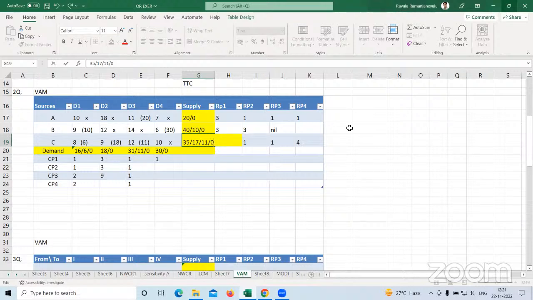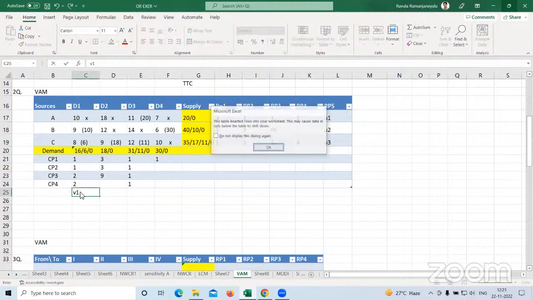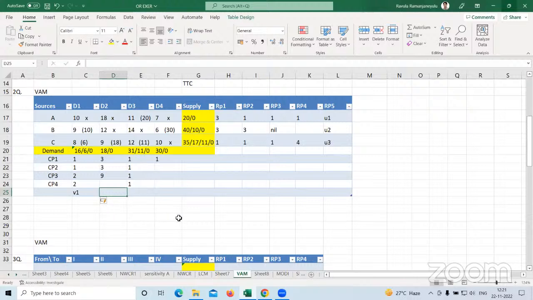We assume that the 3 rows are U1, U2, U3, and the columns are V1, V2, V3, V4, so there are 4 columns and 3 rows.